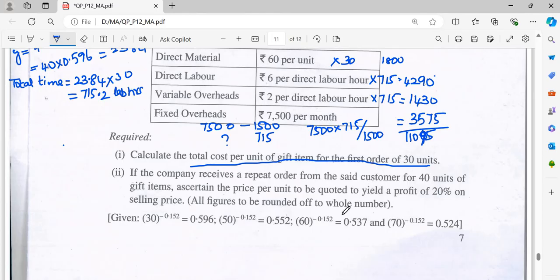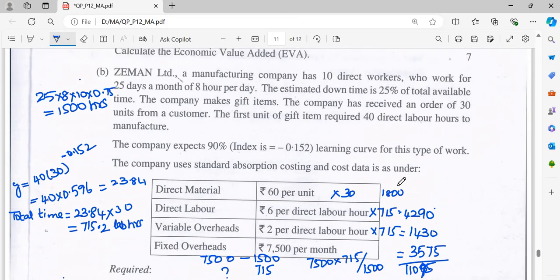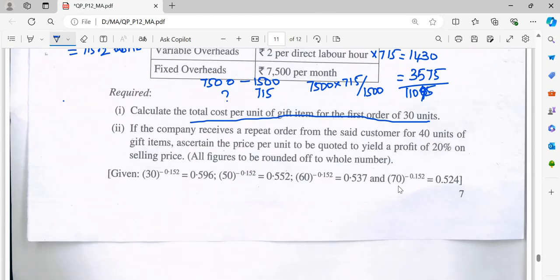So now they have asked what is the time taken for additional units. So what will be my selling price? So we need to calculate again. So we have 40 direct labor hours for first unit. So let's calculate 40 into how many units altogether we are producing? 70 units.